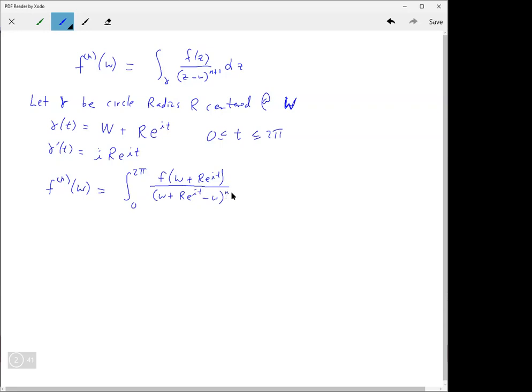And this dz gets replaced with i r e to the i t dt. Great, so the w's are going to cancel right there.